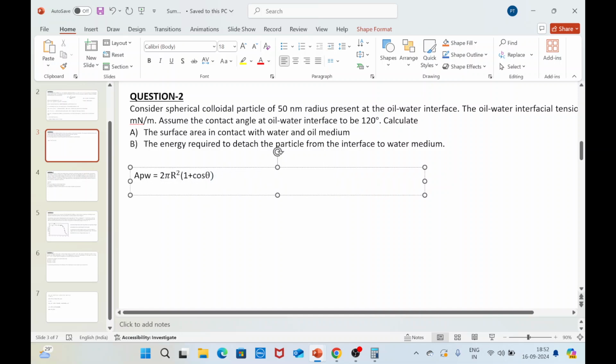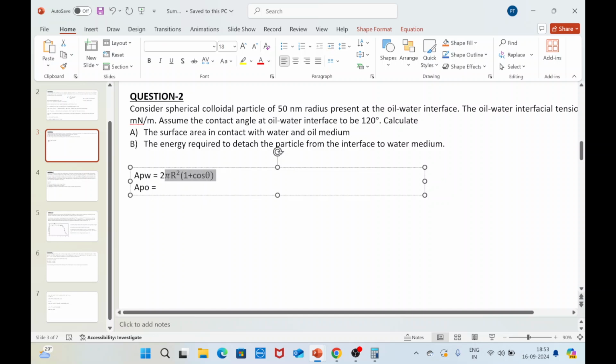Similarly, if you want to calculate what surface area of the spherical colloidal particle is going to be in contact with the oil medium, you can write it as A_PO, the area of the particle in contact with the oil medium.